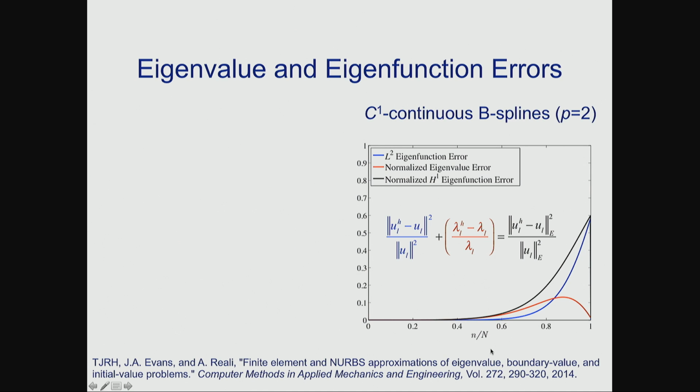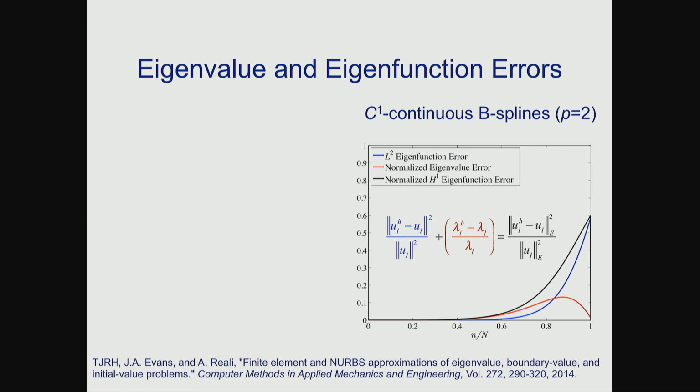This is the spectrum for an n-element mesh. If you increase n, you get the same picture if you just normalize by n. So this is the error in each mode. Say this is the 80th mode out of 100, for example, or the 800th out of 1,000. This is the eigenvalue error. This is the L2 eigenfunction error, and this is the sum of the two in the sense of that representation. So that's about what you would expect.